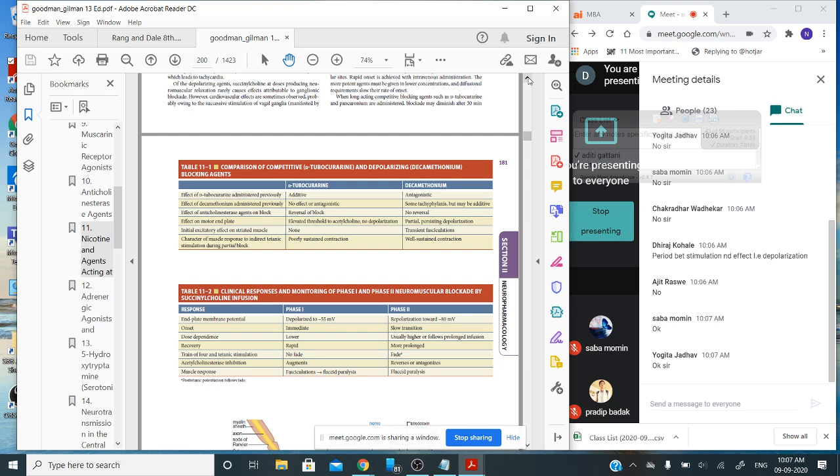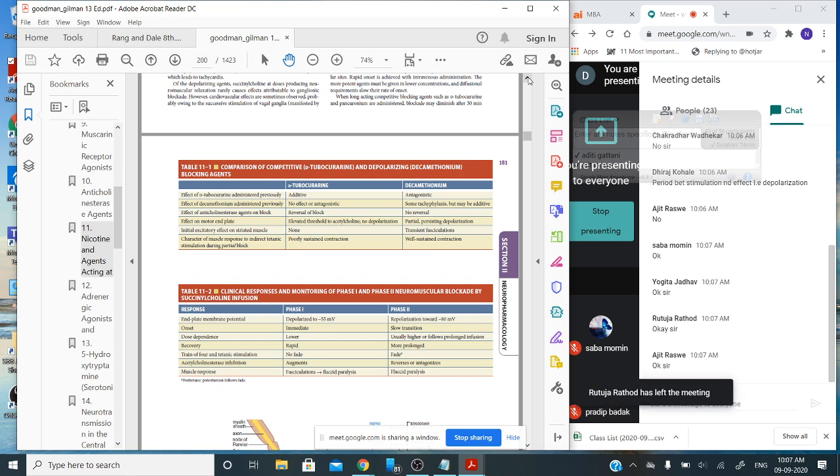Which factors are responsible for IPSP? What do you mean by refractory period? What is the absolute refractory period? And what is the relative refractory period? What happens in the refractory period? Because until you understand this term, it will not be possible for you to understand the things in detail. Therefore, I have given all these things in advance.